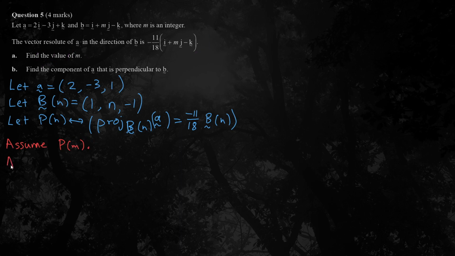What this tells us is that we can also assume that for any number N in the integers, if that number has the property of interest, then the number we're looking for, M, has to equal that number N that satisfies P of N.